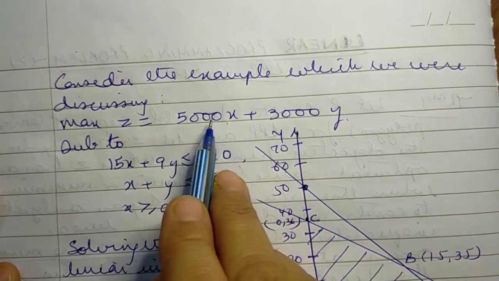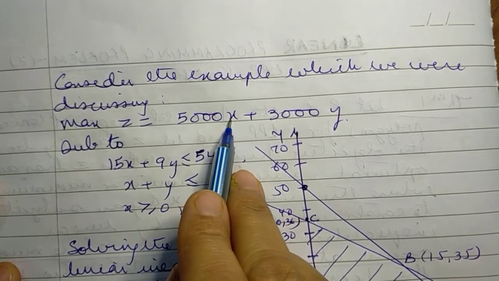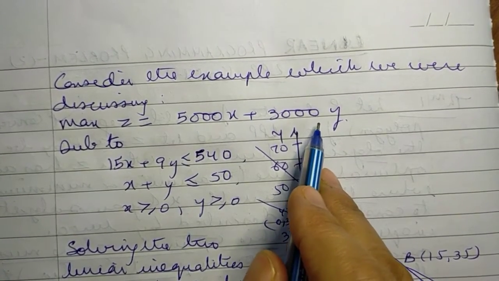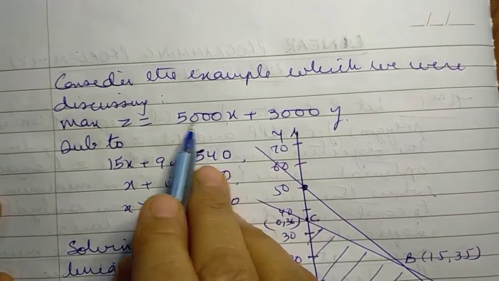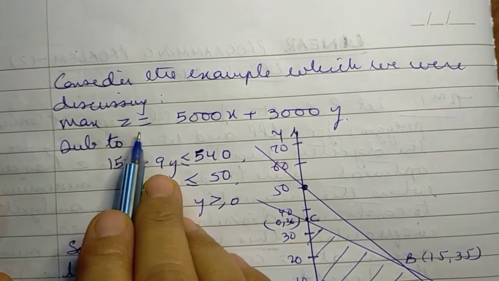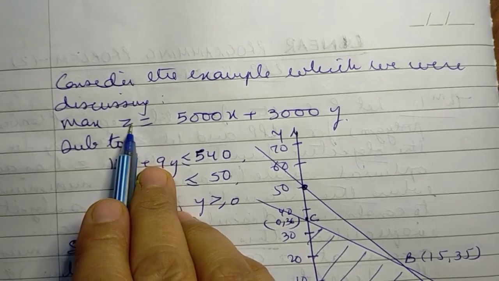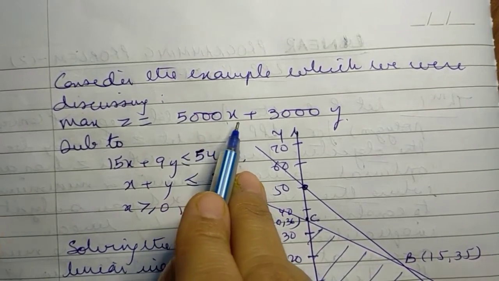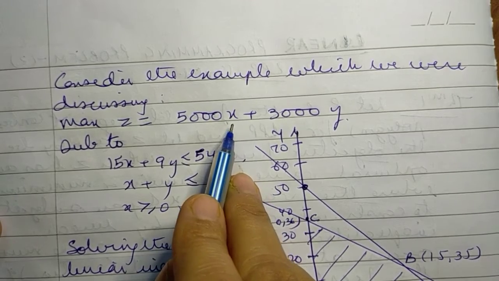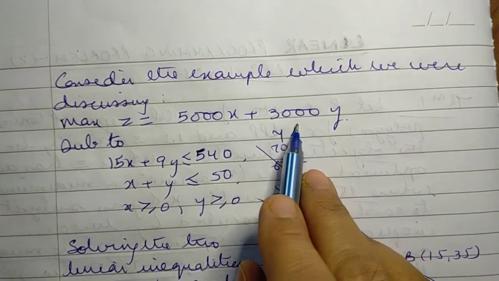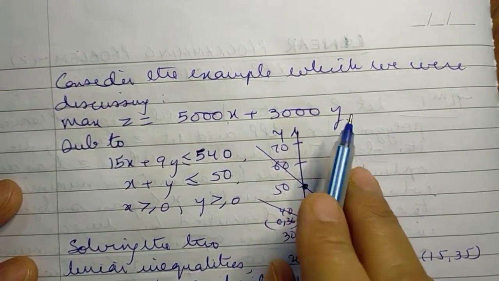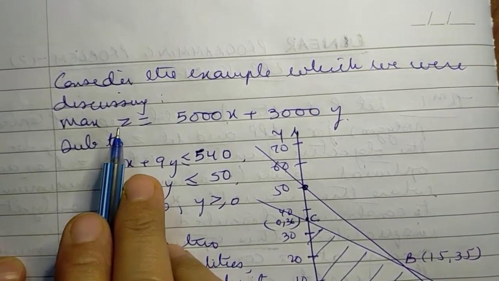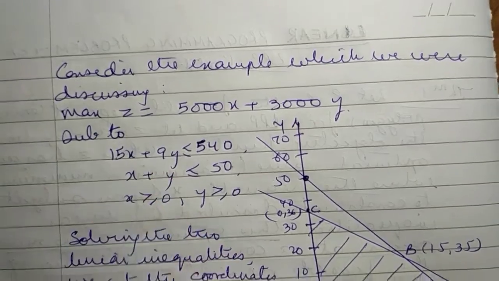Here x units of type 1 and y units of type 2 of cabinets are to be made, and Z is the profit function or the objective function. Rupees 5000 profit is generated on every unit of cabinet 1, and rupees 3000 with every unit of cabinet 2. So the objective is to maximize the profit, or maximize Z.